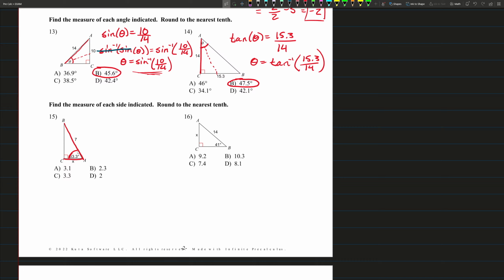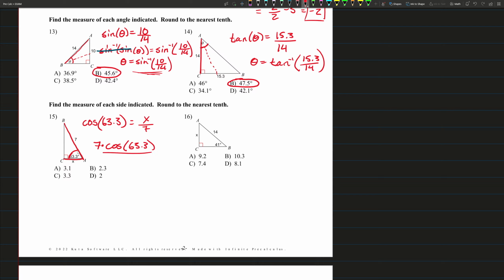So we have an adjacent side and hypotenuse, so we can set up a cosine function. Cosine of this angle is going to be equal to x over 7. In order to get x by itself, we multiply both sides by 7, so we get 7 times the cosine of 63.3.